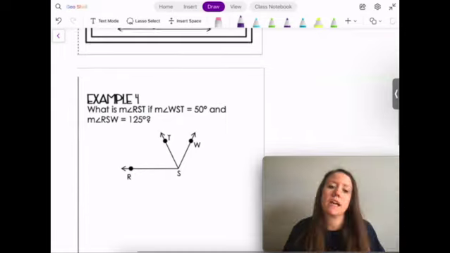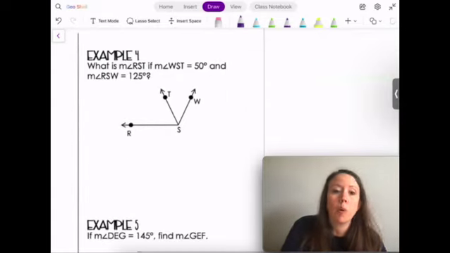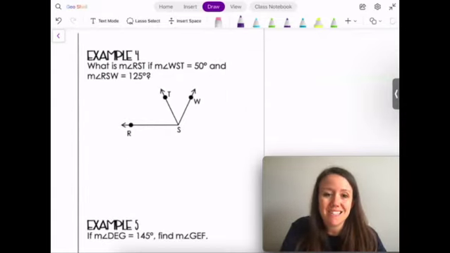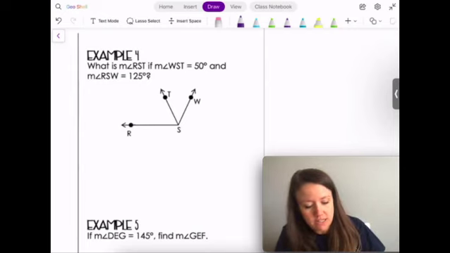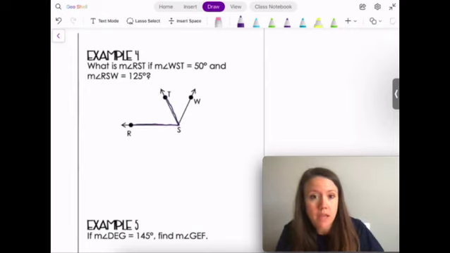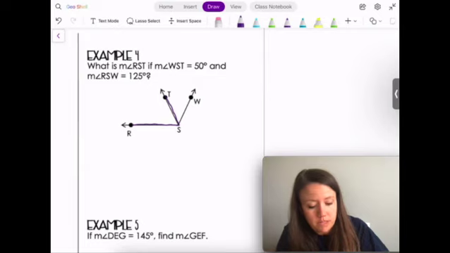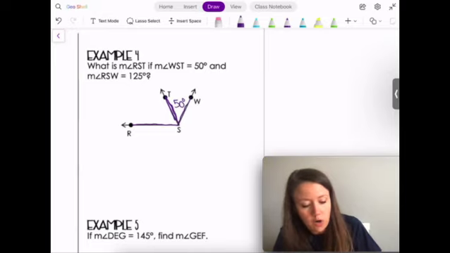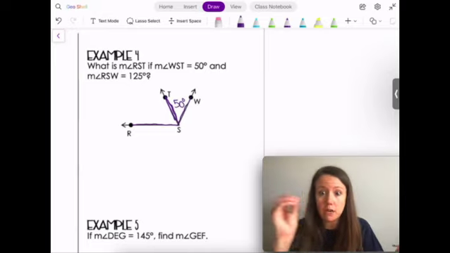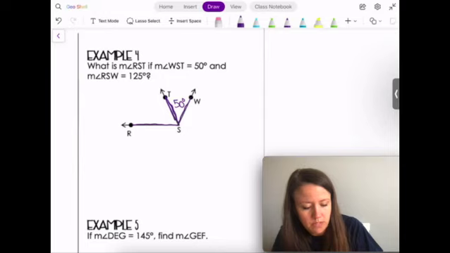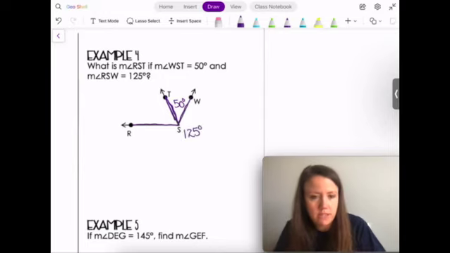And so what does that look like as an example? What is the measurement of RST? So RST is here. If WST is 50 degrees and RSW, being the outside angle, the big one, RSW is 125 degrees.